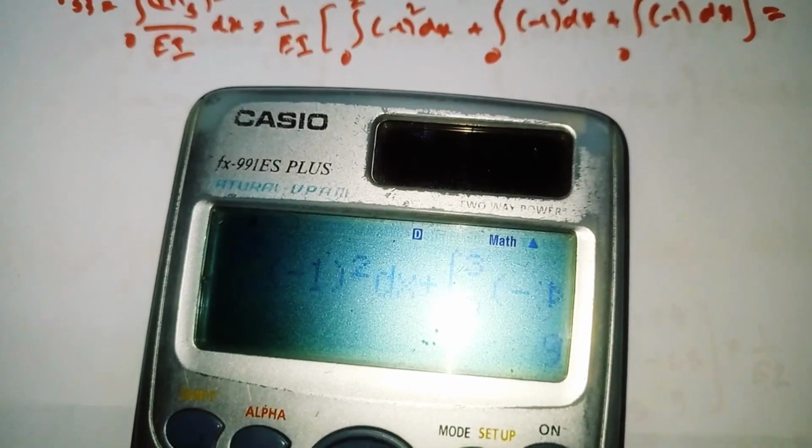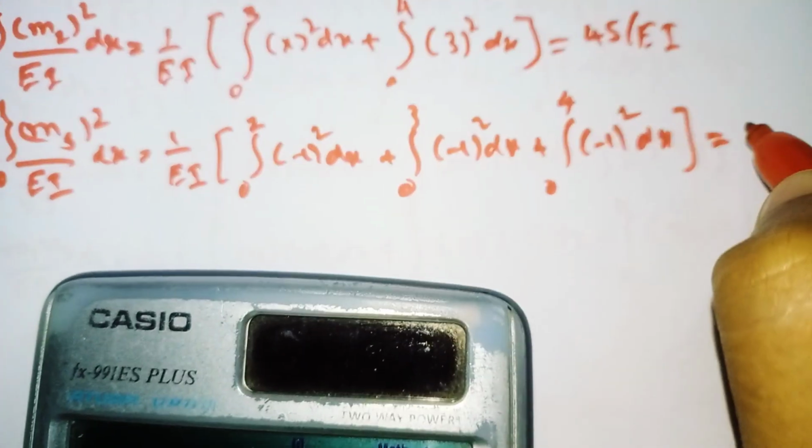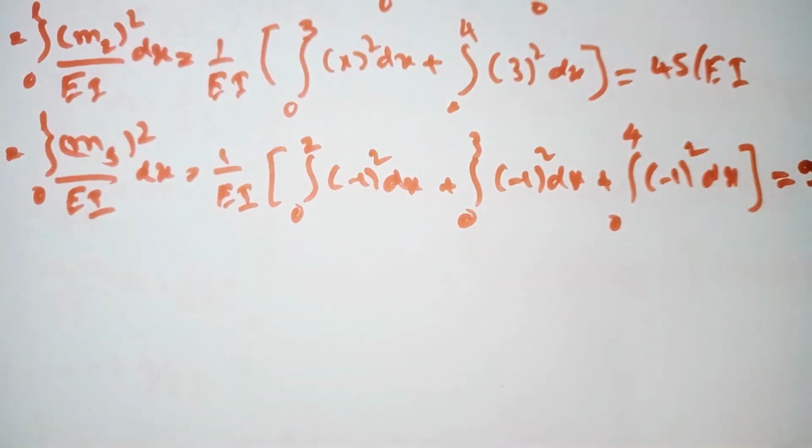So now solve it. Our F33 value will come out as 9. So 9 divided by EI is the F33 value.